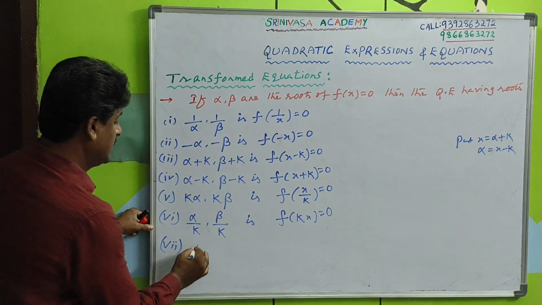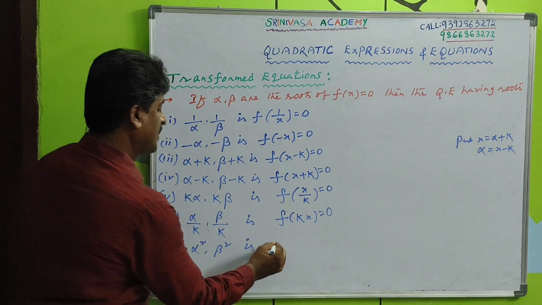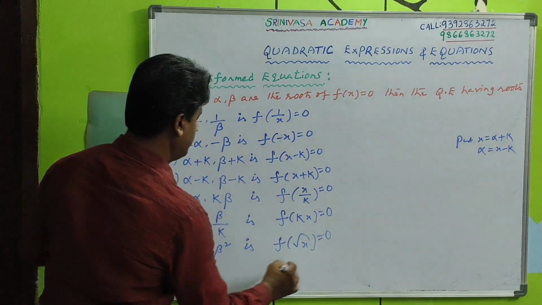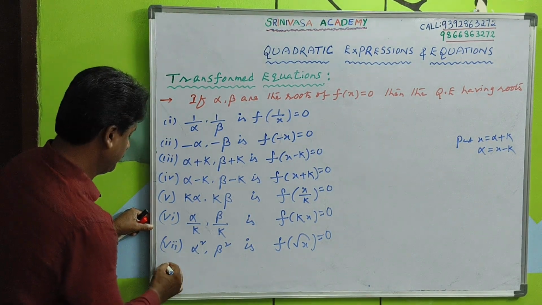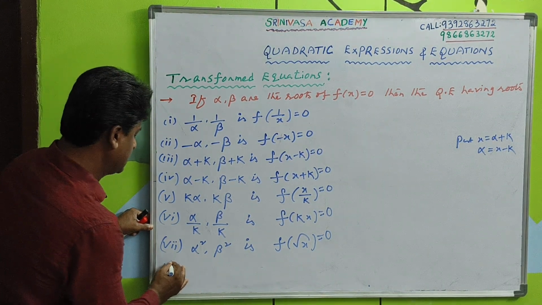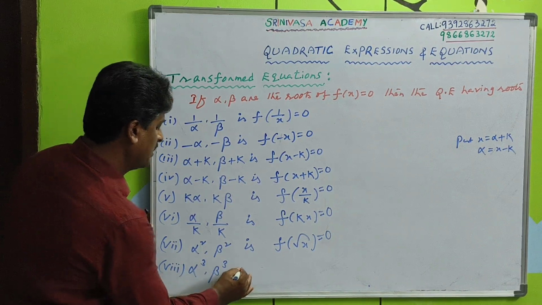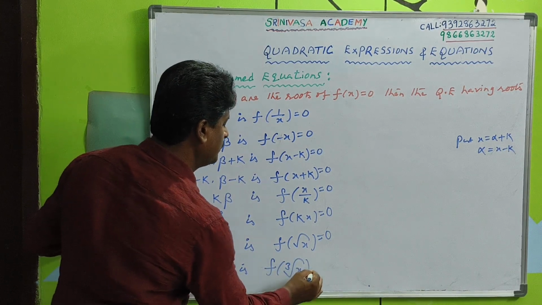7th result, alpha square comma beta square is f of root x is equals to 0, because x is equals to alpha square, alpha is equals to root x. 8th case, alpha cube comma beta cube is f of cube root x is equals to 0.